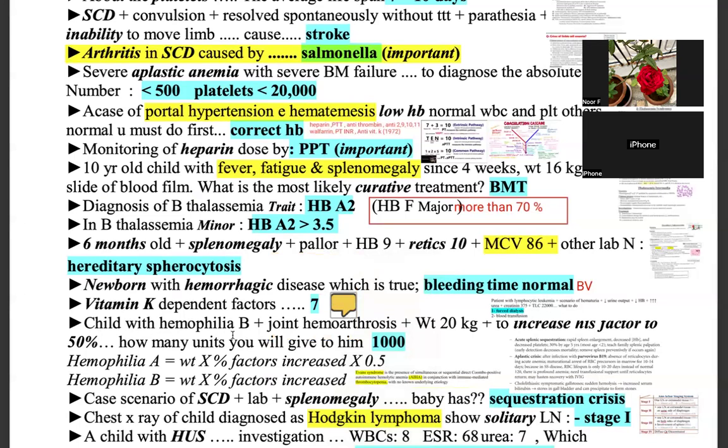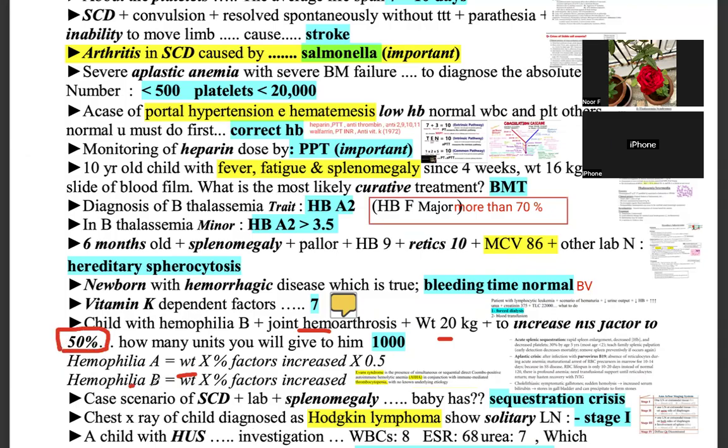Child with hemophilia B plus joint hemarthrosis, weight 20 kg. To increase his factor to 50%, how many units will you give him? So we have to remember this formula. This is very important: weight in kg into percent of factor to be increased. Here the weight is 20 kg, and the percent of factor we have to increase is up to 50%.